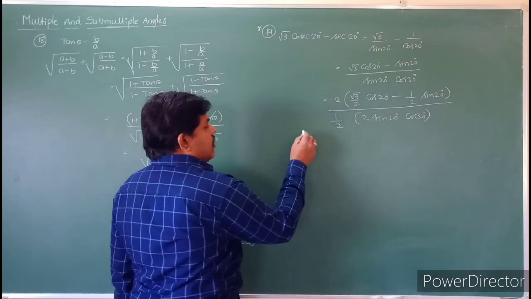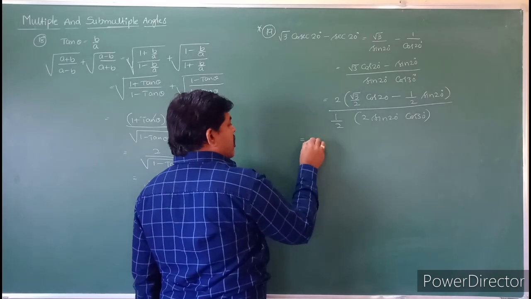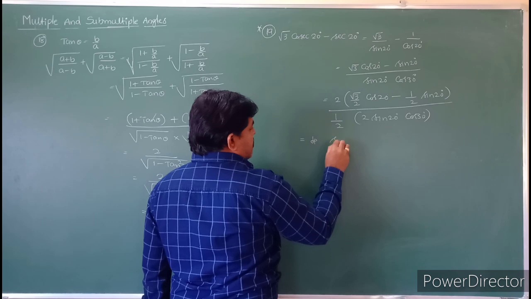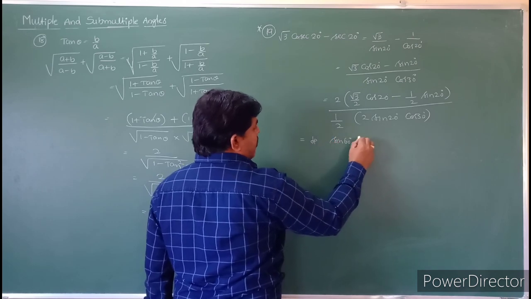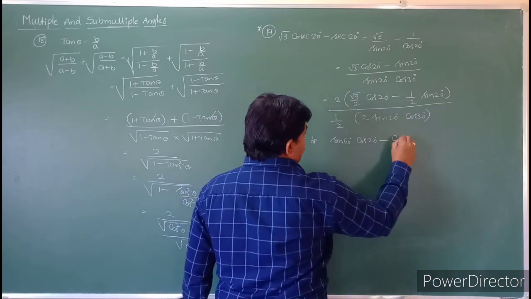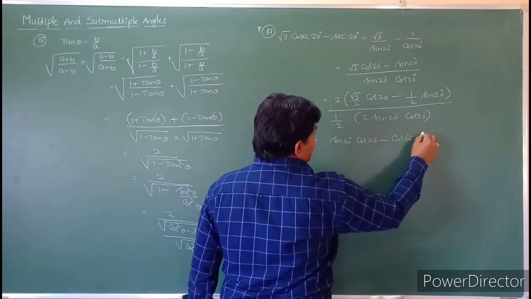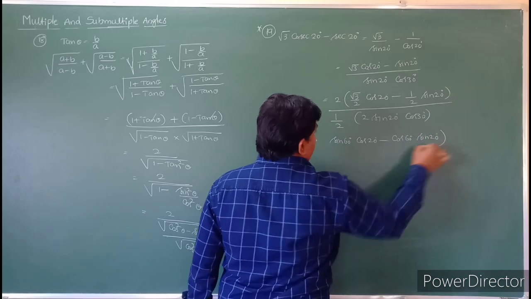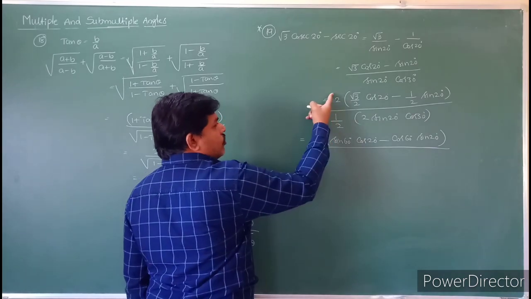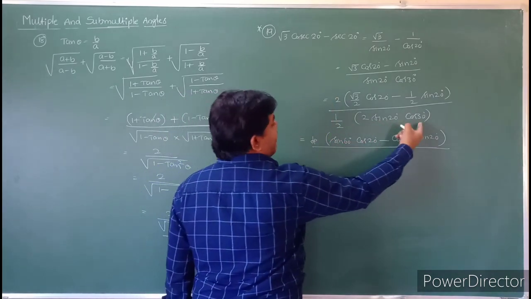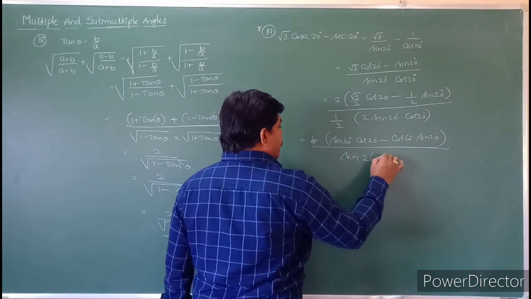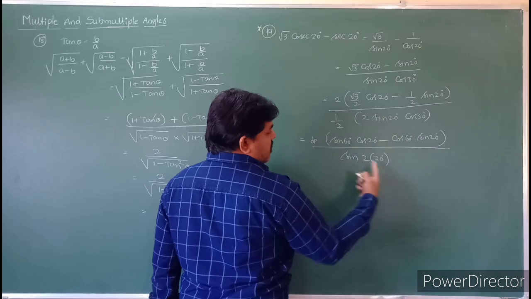Why did I do it like this? You can take this 2 to the numerator, it will become 4 into root 3 by 2. Root 3 by 2 in terms of sine is sine 60 degrees into cos 20, minus this 1 by 2 I will change to cos 60 degrees into sine 20 degrees, by, in the denominator, I already took the 2 to the numerator, it will become 4. So 2 sin theta cos theta is nothing but sin 2 theta. 2 theta, what is theta? It is 20 degrees.